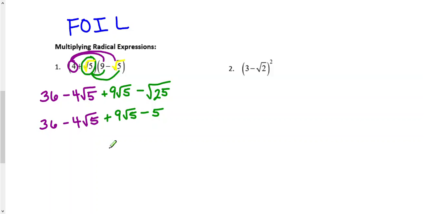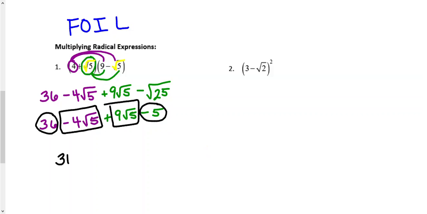Now, the second to last thing we need to do is we have to still combine our like terms. So I have 36 minus 5, which gives me 31. And then I also have negative 4 square root of 5 plus 9 square root of 5.